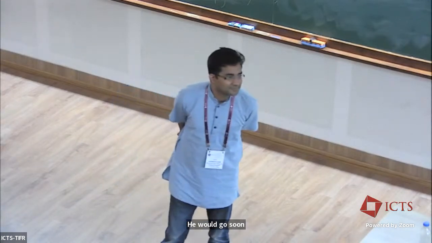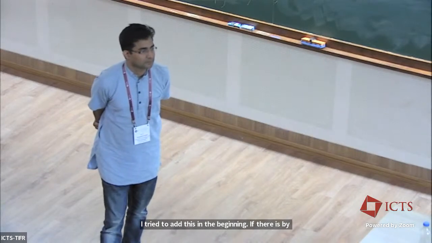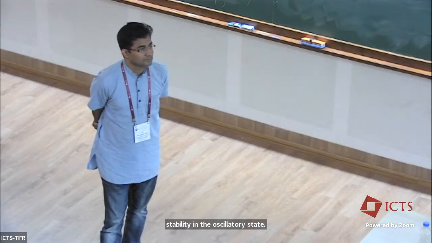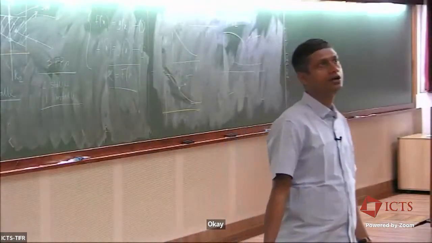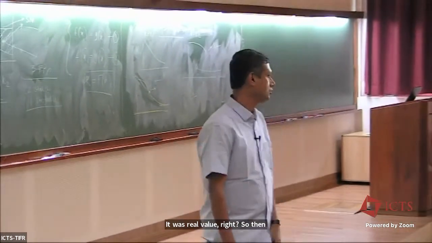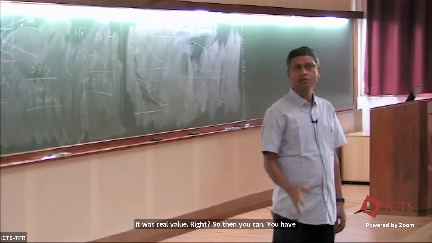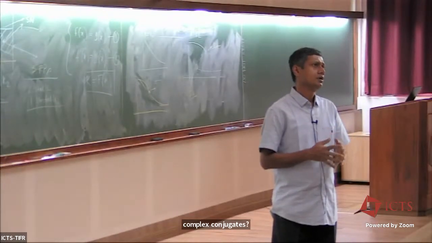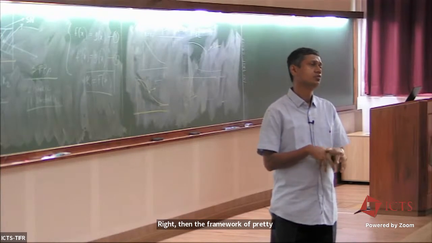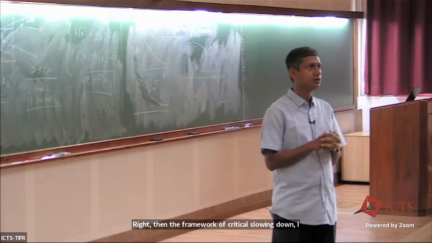If there is bistability in the oscillatory state, then this lambda that we have talked about was real valued, right? Then you have complex conjugates, and the framework of critical slowing down, I think, will not work, as far as I know.